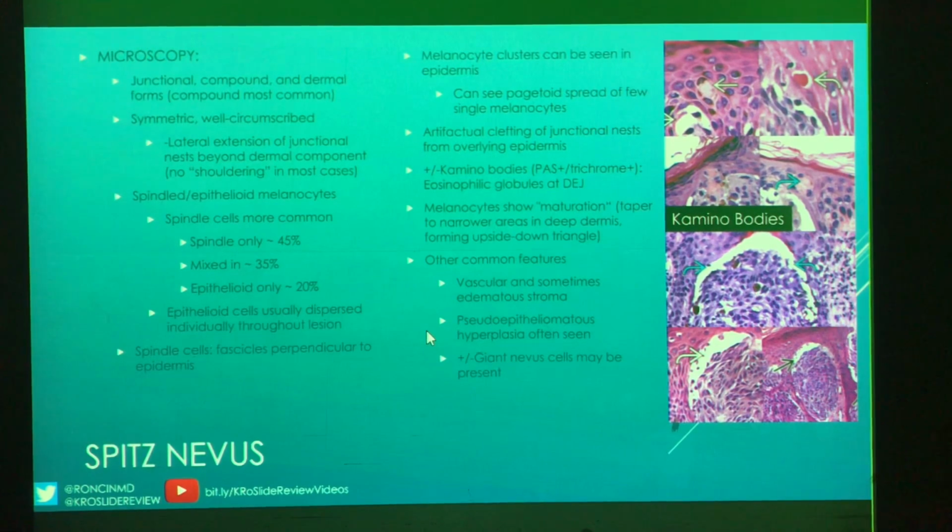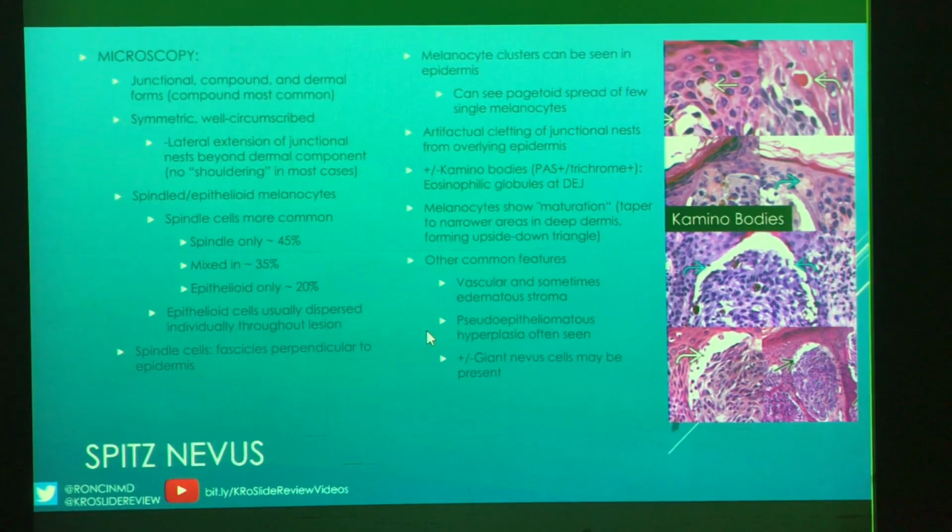So these are just features that you are hopefully getting the hang of and seeing in all these different lesions. Some things that you can often see in Spitz nevi are a very vascular or edematous stroma. I think our stroma looked fairly vascular.